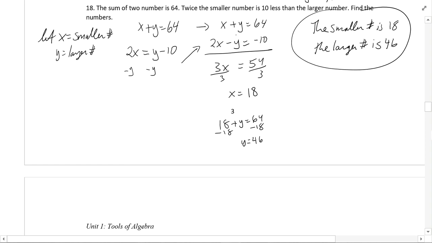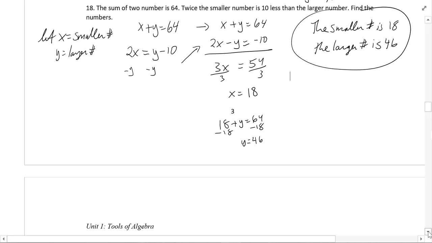So I subtracted y, which turned it into 2x minus y equals negative 10. Then when I stack them on top of each other to eliminate, the y's canceled out. So I got 3x equals 54, divide each side by 3, x equals 18. Then I plugged it back in to solve for y, and I got y equals 46. So the smaller number is 18, and the larger number is 46.